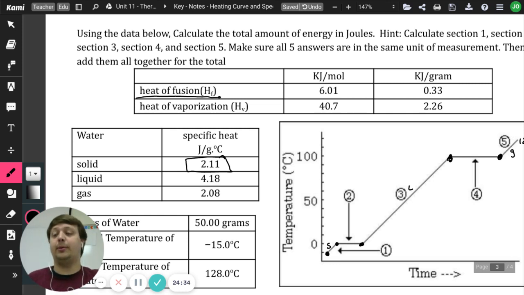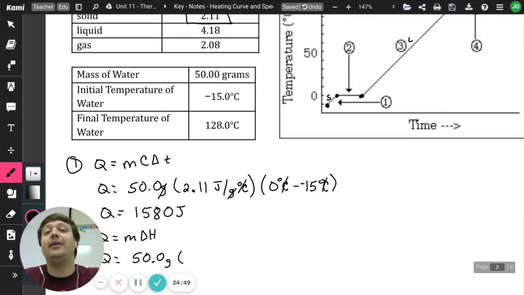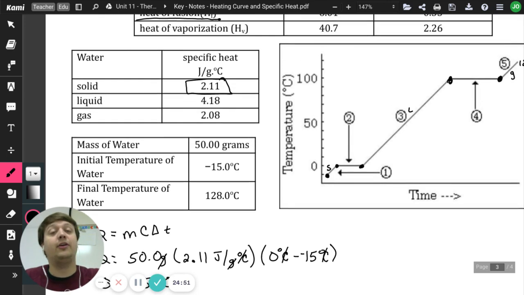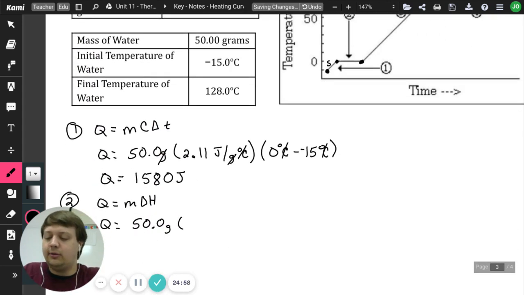Heat of vaporization represents if I'm going through boiling or condensation. With heat of fusion, I found that it is in kilojoules per mole or kilojoules per gram. Now, in this case, I've got a mass in grams, right? If they told me moles, then I could use the moles formula, but they've got grams, so I'm going to use that 0.33.